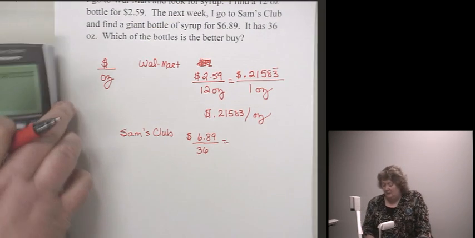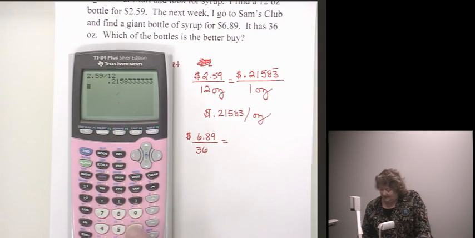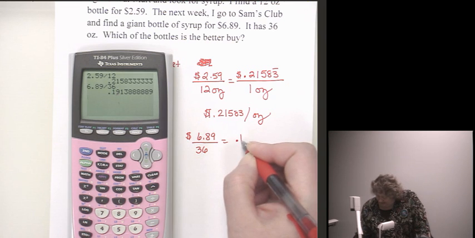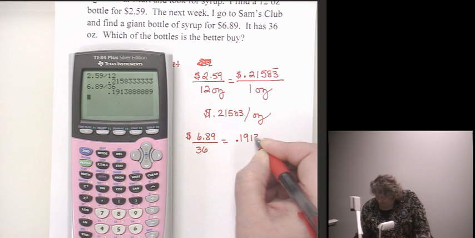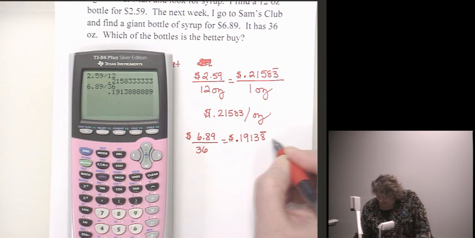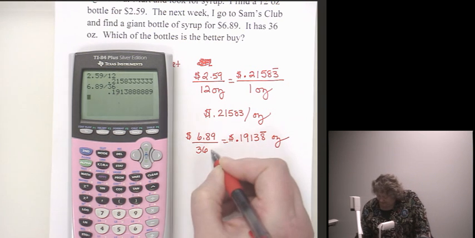I just copied my numbers down there. I'm going to take $6.89 divided by 36, and I get 0.19138, and then the eights repeat, and that's per ounce.